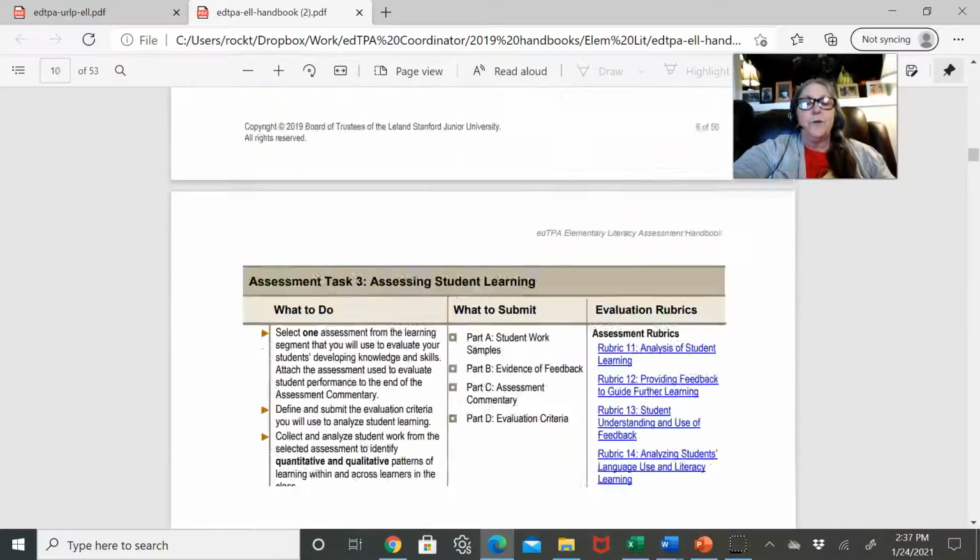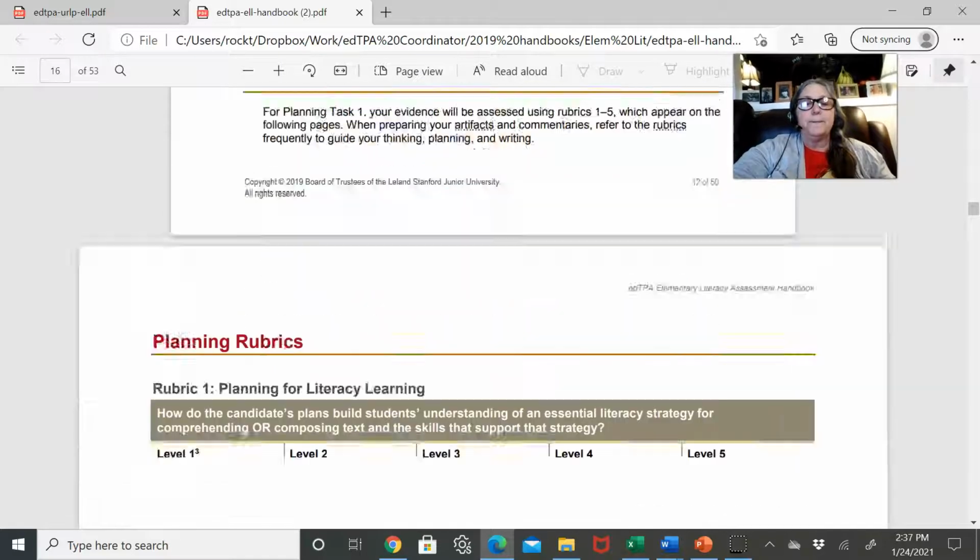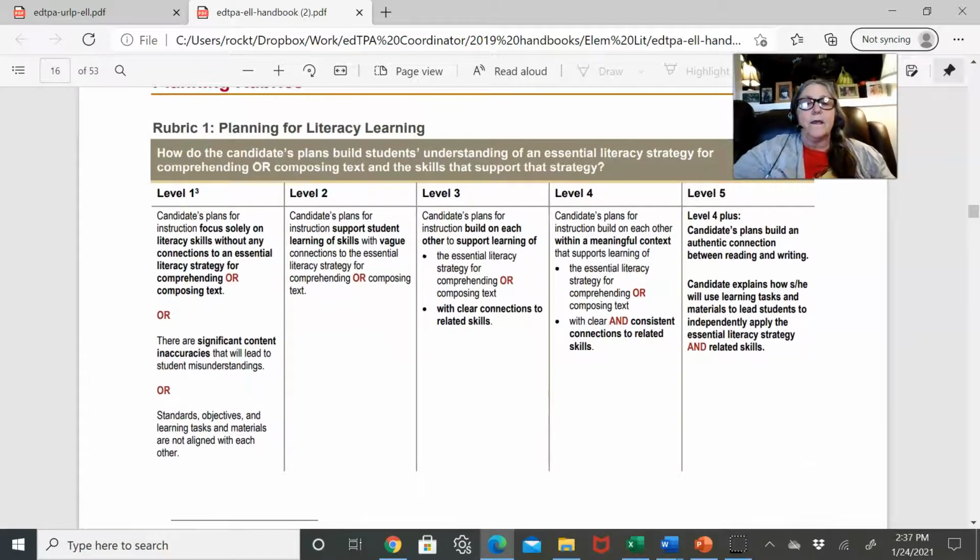You look at rubric 1 in your handbook. Building on each other is a level 3. So that is required. It's not something that you want to skimp on, because if you're not doing that, you can't earn a 3.